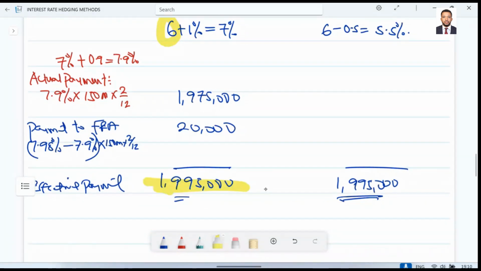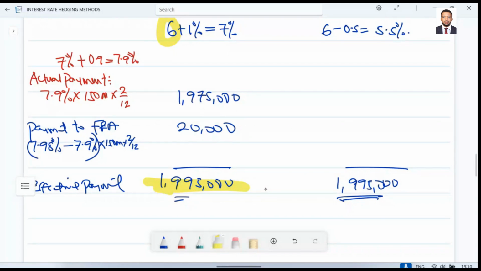So if you agree on something with the bank and you lock in that rate with the person that is lending you money, the only thing the bank is doing is debiting you based on the movement in LIBOR in the market.